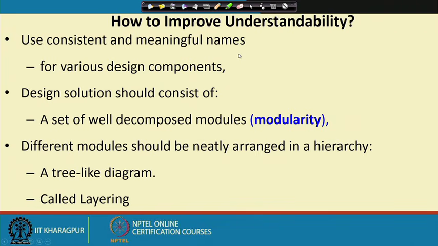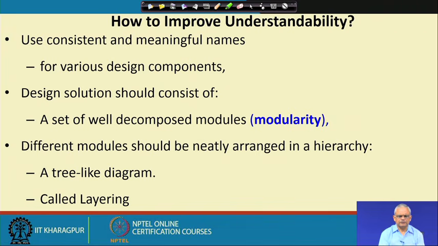First, let us look at the characteristics of a design that enhance its understandability. The first characteristic is the use of consistent and meaningful names, because unless the names in the design are meaningful in the problem context and also have been used consistently, anybody trying to understand the design will get confused.